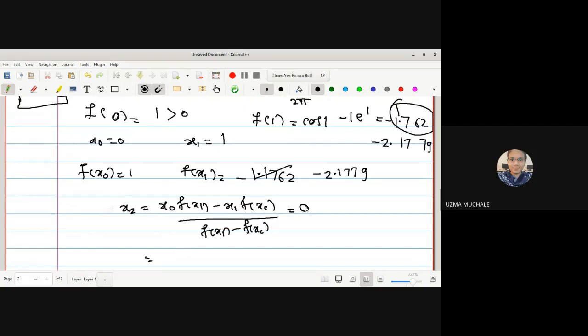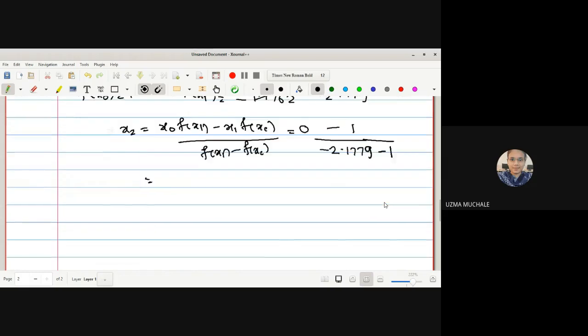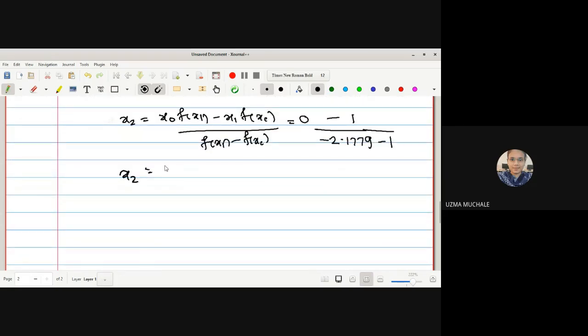The first term will be 0 minus x1, which is 1, so this will be -1, divided by f of x1, which is -2.1779, minus f of x naught, which is 1. Just tell me the value of x2 from your calci. 0.3147. Okay, correct. It is 0.3147.